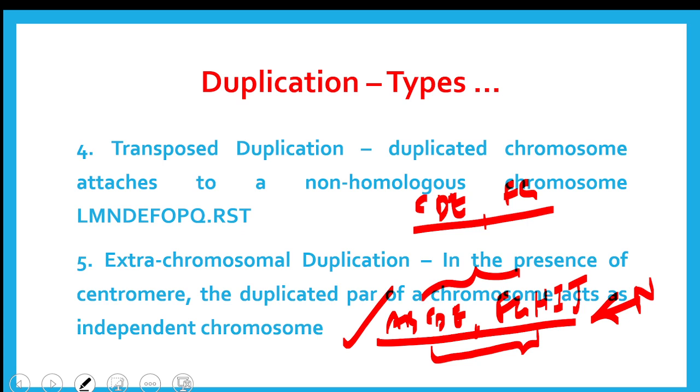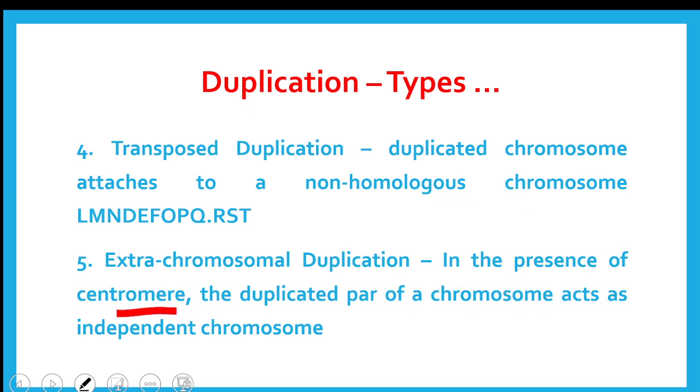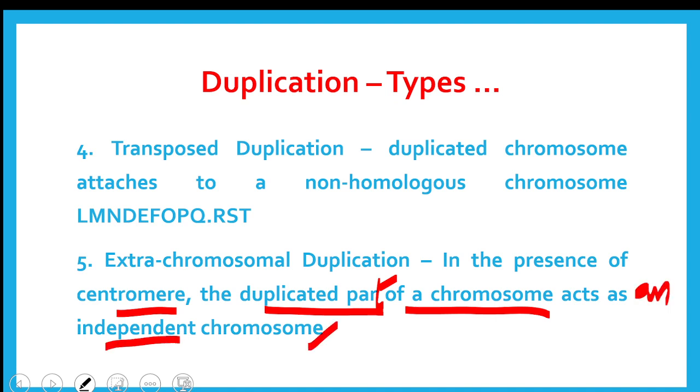But this portion, as it is duplicated, has its own centromere. When it has its own centromere, it acts as an individual chromosome. Thus we come across an extra chromosome due to duplication. So in the presence of a centromere, the duplicated part of a chromosome acts as an independent chromosome.